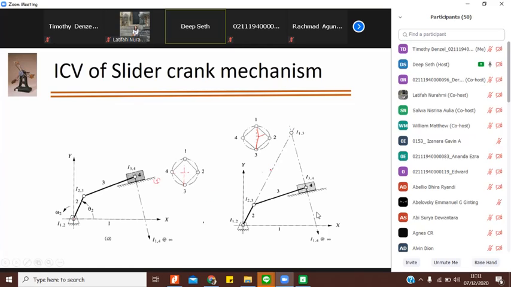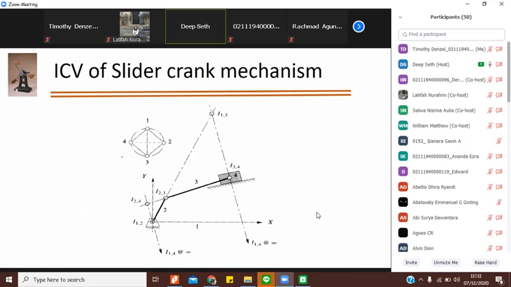Similarly, let's see, this 2 and 4 can have a combination for ICB. Okay, I just join it. So 1 and 3 you have to extend. So from 3 you are extending like this.